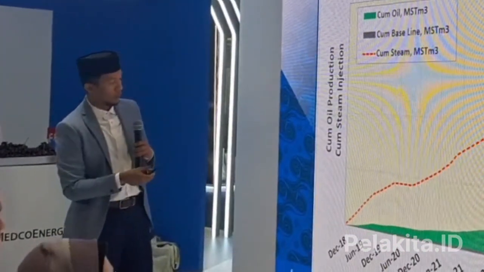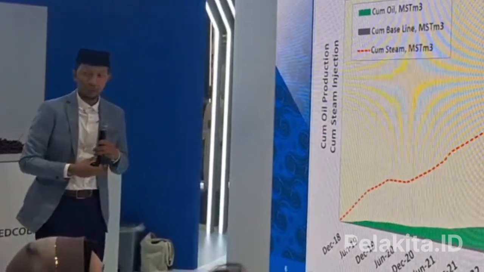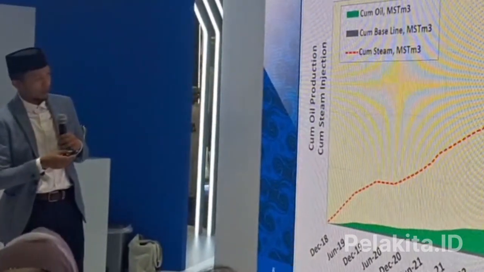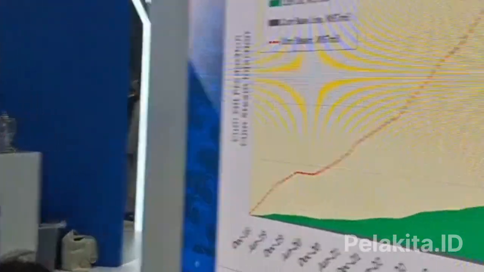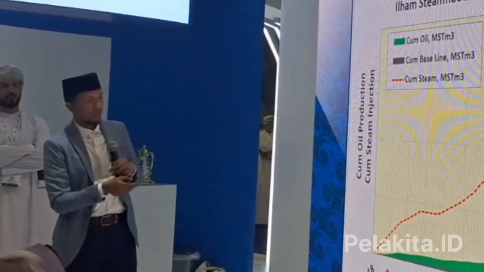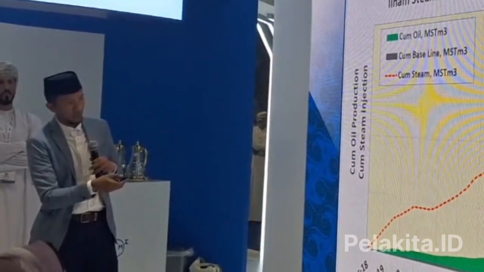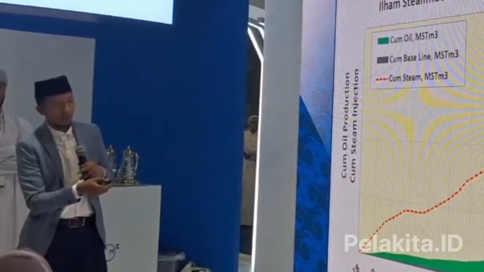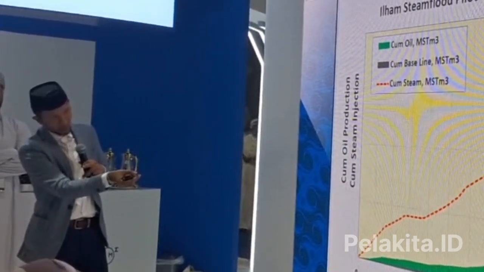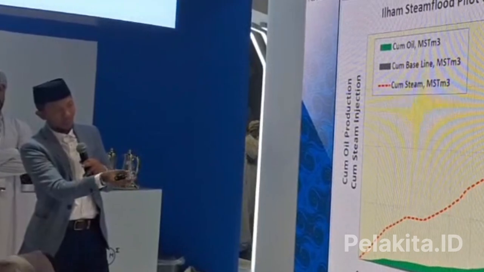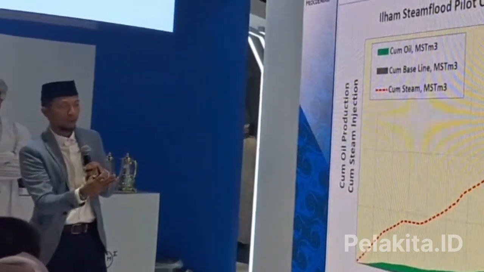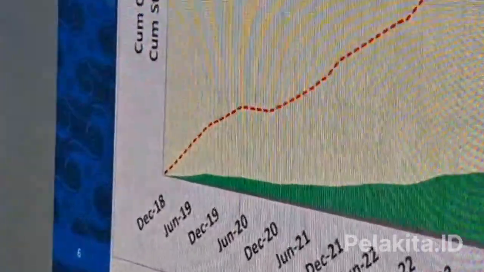If you see here, the journey started at the end of 2018. The red line is the cumulative performance of our steam injection, and the green one is our cumulative oil production. The gray one, very thin at the bottom of the green, is our estimated production if we did not develop this field using thermal recovery.